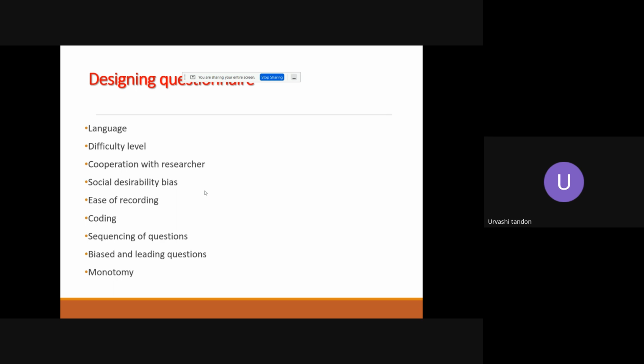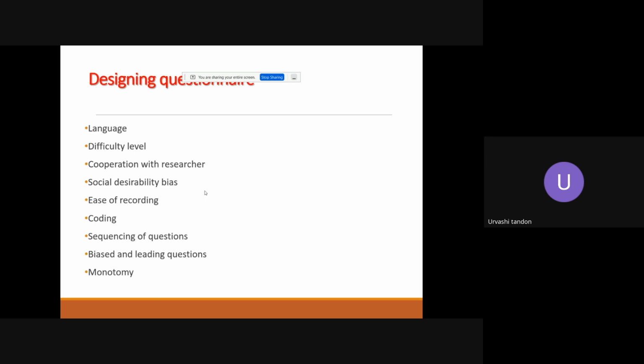And again, if you go for any survey related to medical science or the medical stream, you need to take the informed consent, and you have to translate your questionnaire into the regional language also. Then social desirability bias is a very important bias.